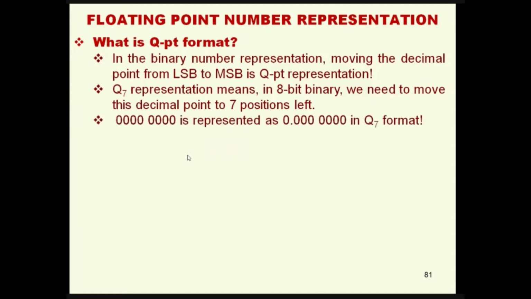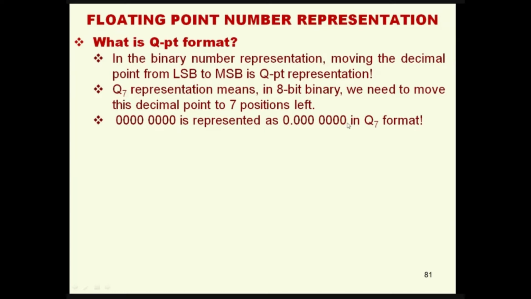Say for example, 00000000 as an integer or character is represented as 0.0000000, that means the decimal point is at the LSB. So when we shift this decimal point 7 positions left, look at the screen, look at the cursor, the decimal point is here.